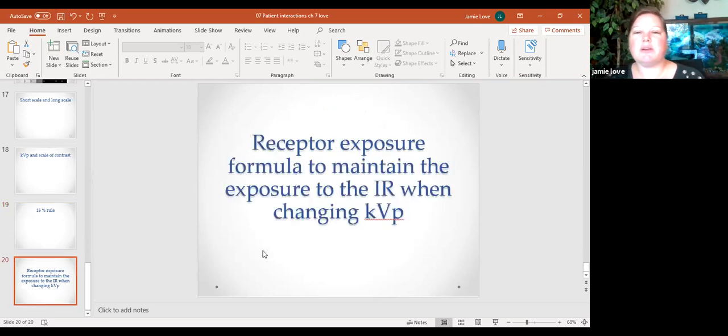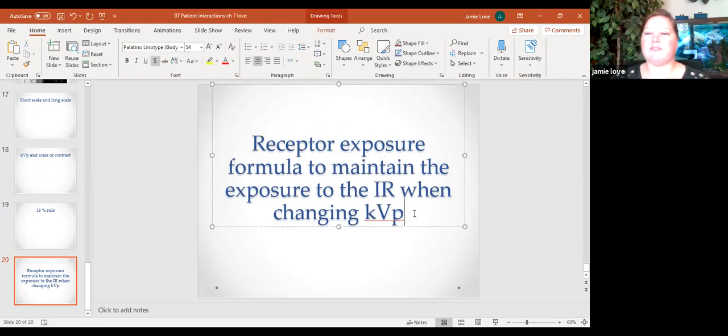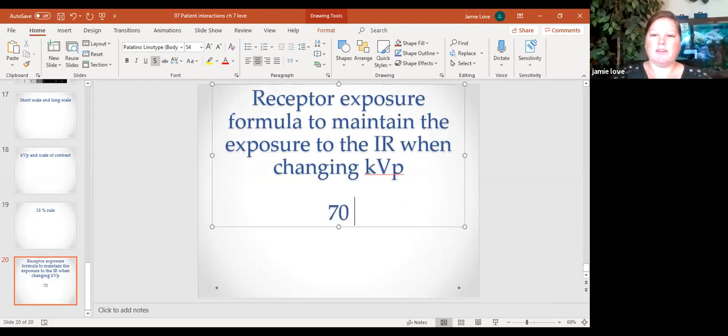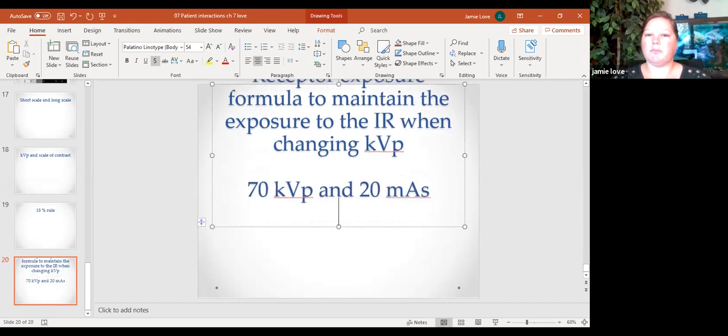So we have this formula for maintaining exposure to the IR when we change our kVp. Michael, this one's going to be for you with that mass stuff. Let me just type on here. If I have 70 kVp and 20 mAs for an exposure, and I go up to 80 kVp, which is the same as doubling my mass, that would now be like 40 mAs.